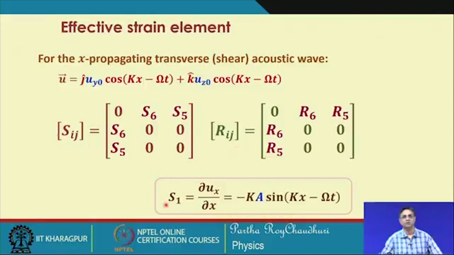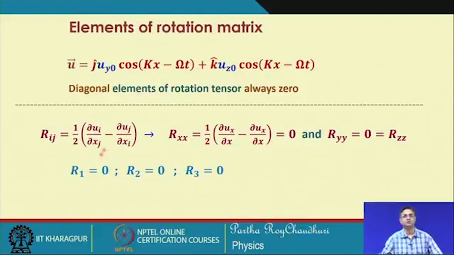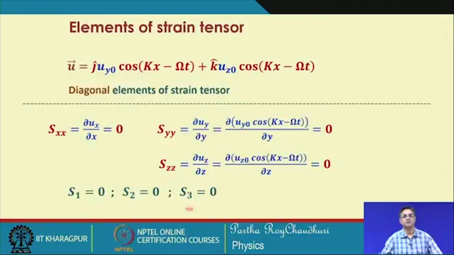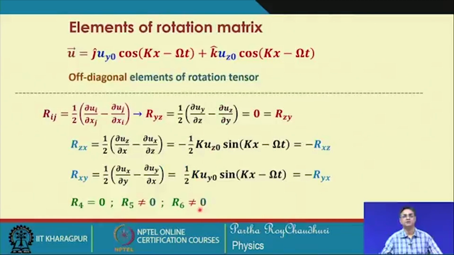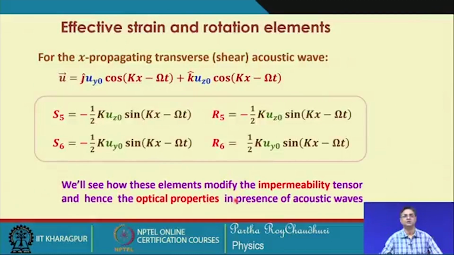So, for this particular case S 1, del u x del x, will be given by this, and for S 5 and S 6 we have seen how the values will be taken up. S 1 in this case is 0, but for the longitudinal case del u x del x is the non-zero element.